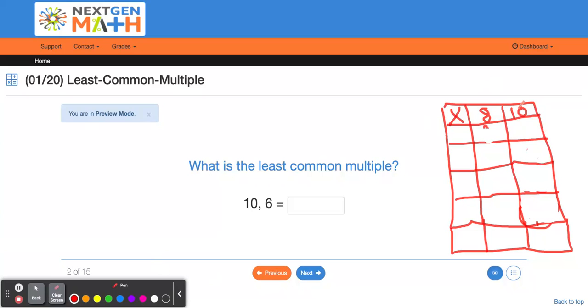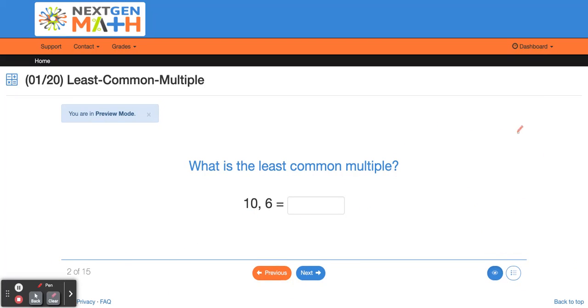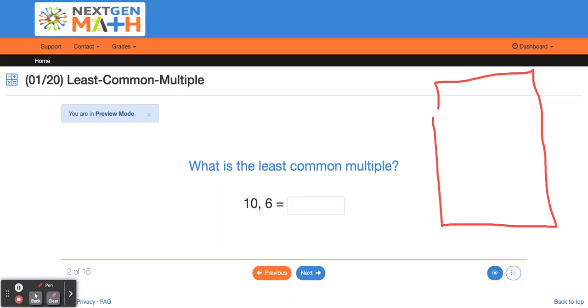So instead of the number 8 and 10 here, I'm going to put the number 10 and 6. Create a least common multiple box in your notebook, and you're going to put the digits that you see here, 10 and 6.